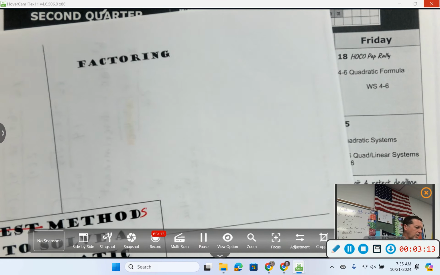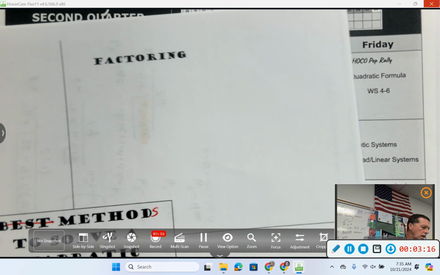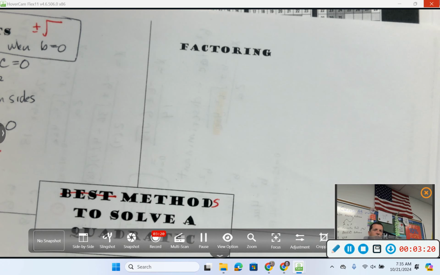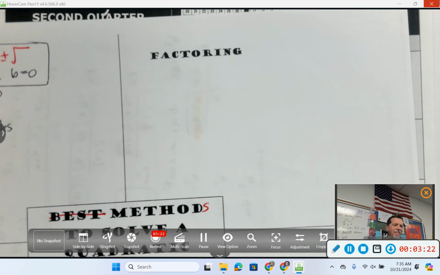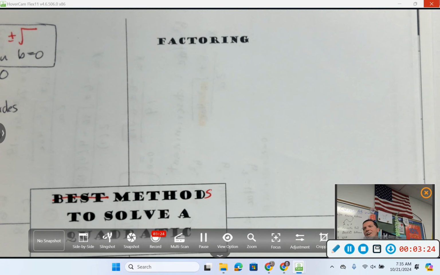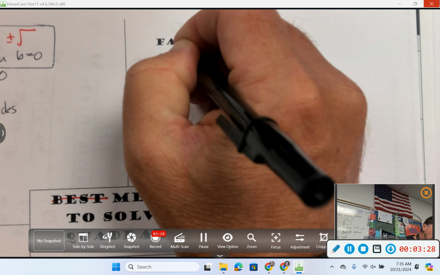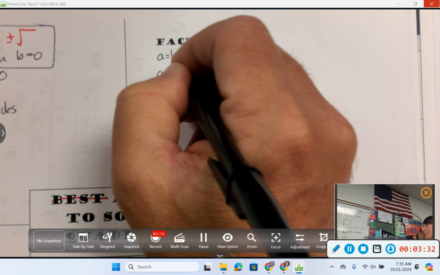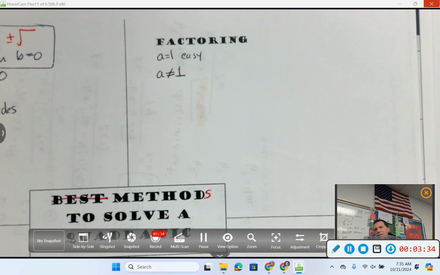All right, factoring. How would you describe factoring? Easy, medium, hard? Medium or depends. I think that's fair. Because if a is equal to 1, I'd say easy. If a is not equal to 1, then who knows?